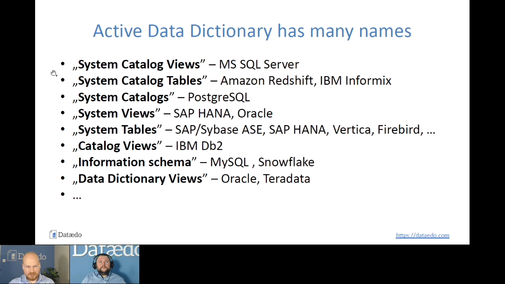You can call it system catalog, system tables or views, or catalog views. It's also common to call it information schema. It's actually an ISO standard. Or it could be data dictionary views or tables. So you could hear about this and use it without even knowing that you were using a data dictionary.